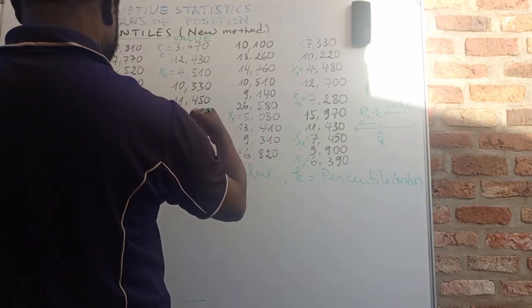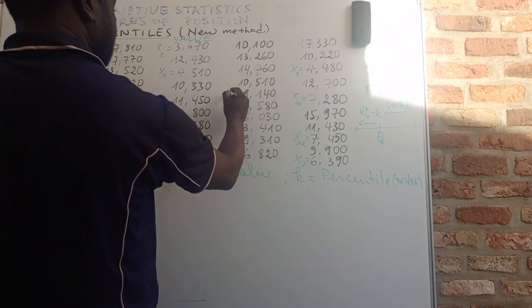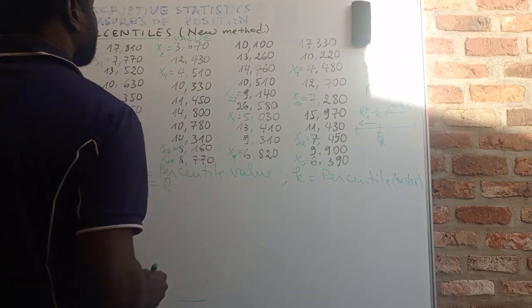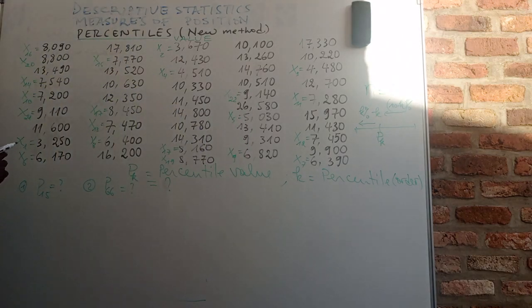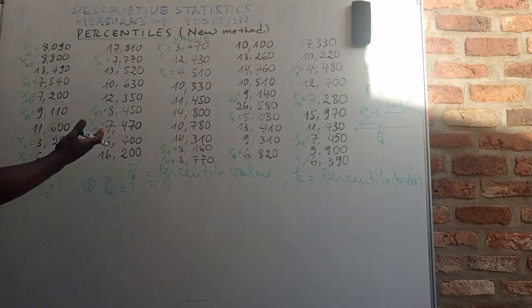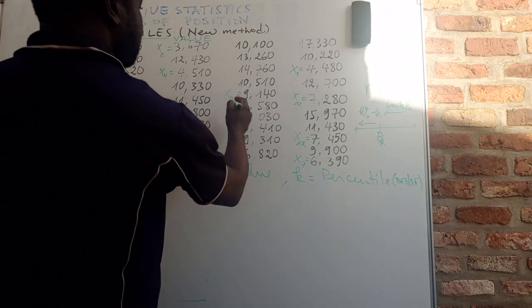What I have here is 9140, okay, this is X22. Now where is X21? Okay, it's here. Now X23 must be this number.